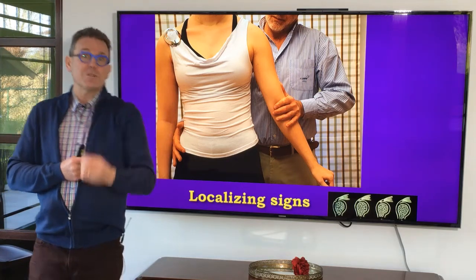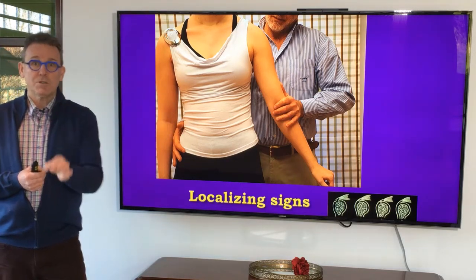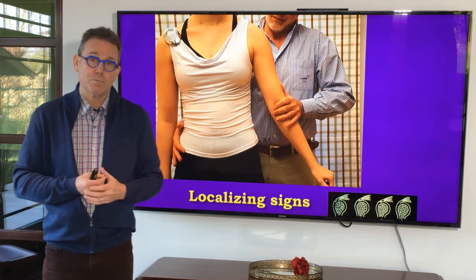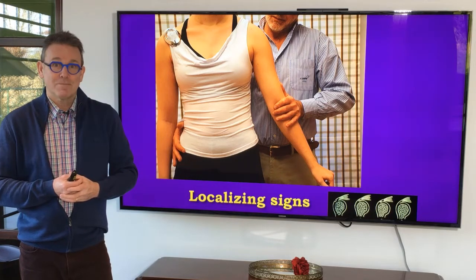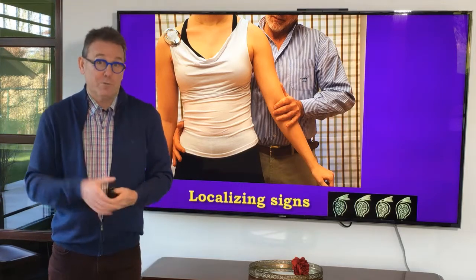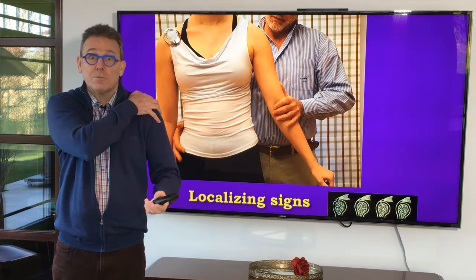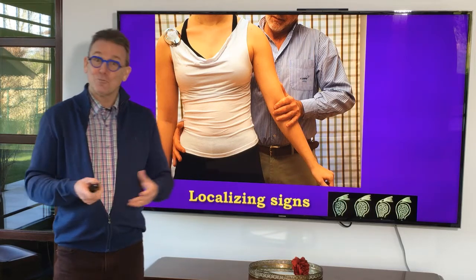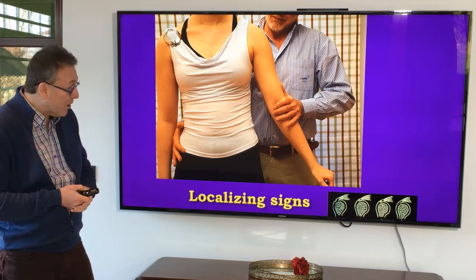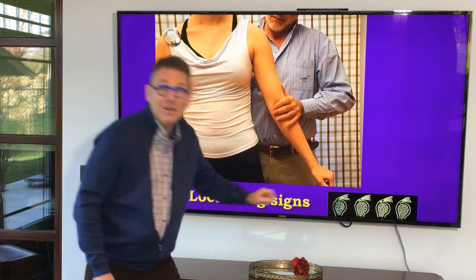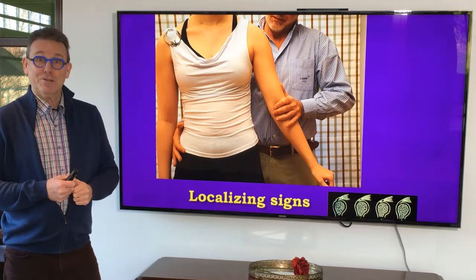Painful arc, what does that mean? Something is squeezed in temporarily between humerus and acromion. In combination with resisted abduction, it can't be deltoideus because deltoideus lies on top, it can't be squeezed in. So what is left? It should be supraspinatus. And which part of supraspinatus? This part of supraspinatus, the tenoperiosteal part.